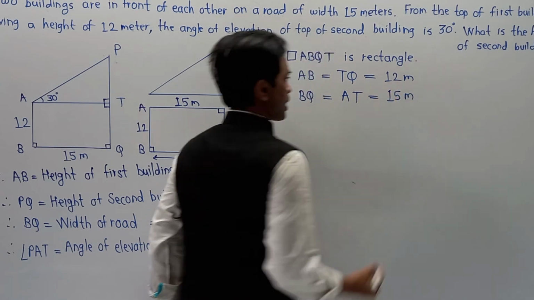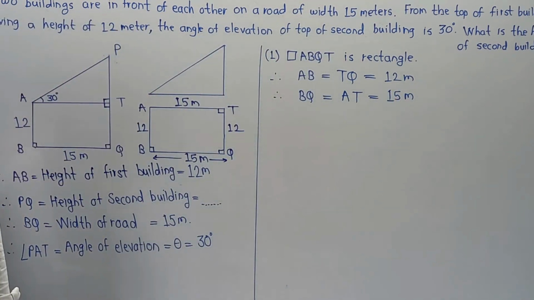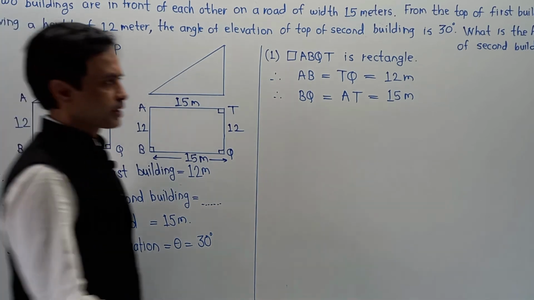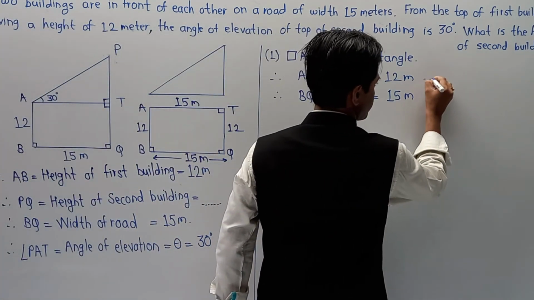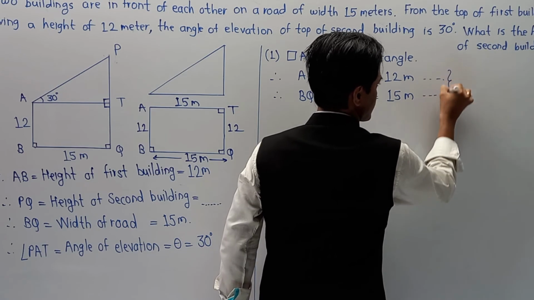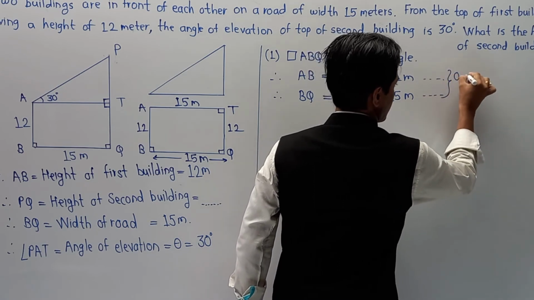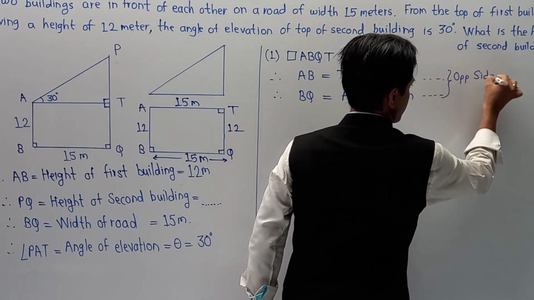You can see the opposite sides of the rectangle over here, and the reason we give for both parts is: opposite sides of a rectangle.